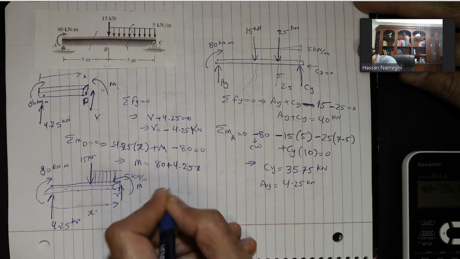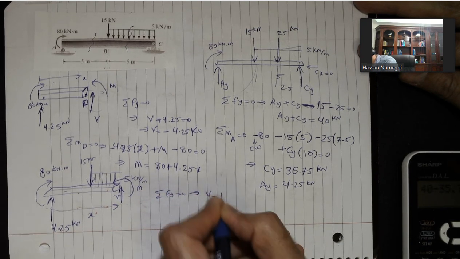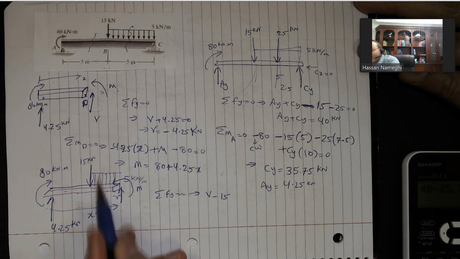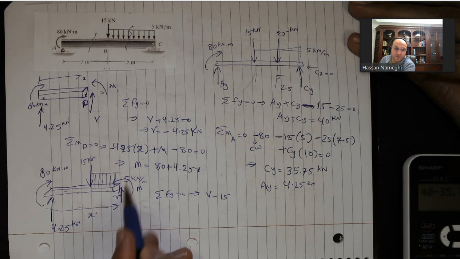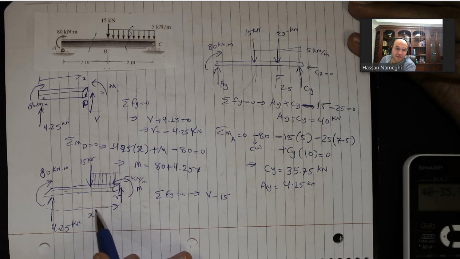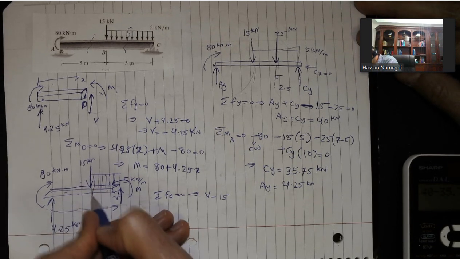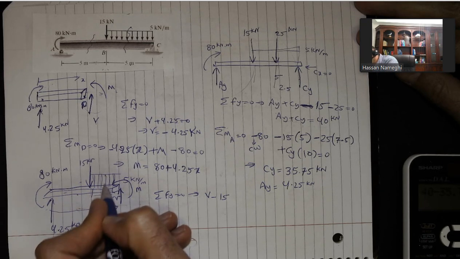So sum of F_y equal to 0. I'm going to have V minus 15. Okay, this one I need to convert to a point force. So the height is 5. The base is x minus 5, right? This base here is x minus 5. And the amount of load is 5.